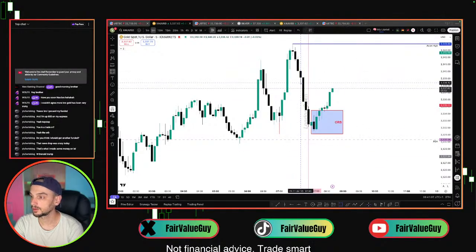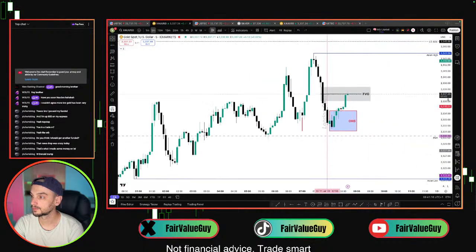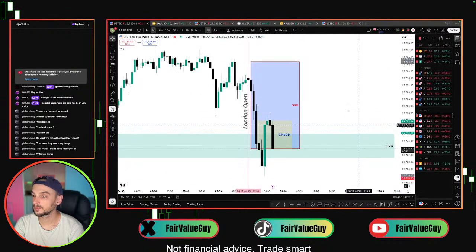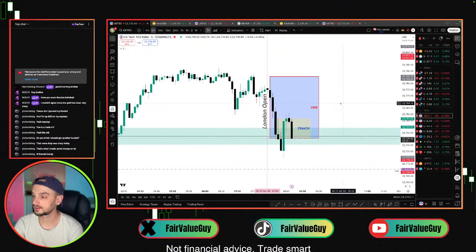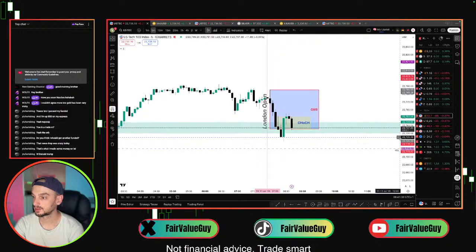See how we're gonna react from this fair value gap. Above those highs, above this one. Yep, it's the 50% of the ORB as well. First it was there actually, and I knew it.